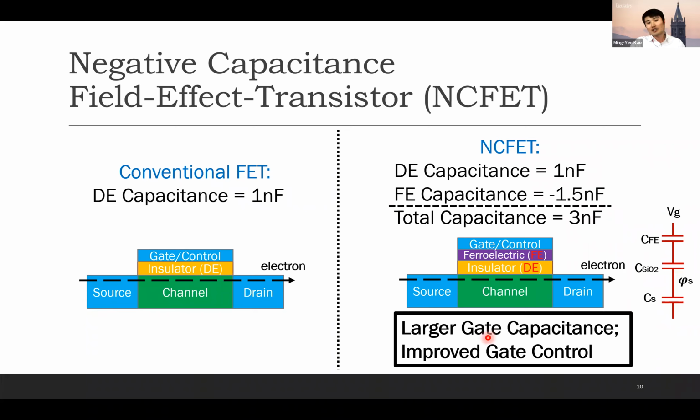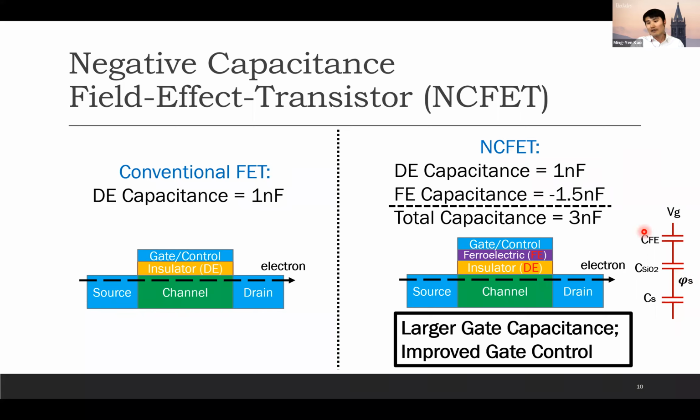We know that a larger gate capacitance will give improved gate control. Looking at the simplified circuit, we have the gate voltage here, the CFE corresponding to this ferroelectric layer, and the silicon dioxide capacitance corresponding to this insulator. This psi S is the silicon potential.